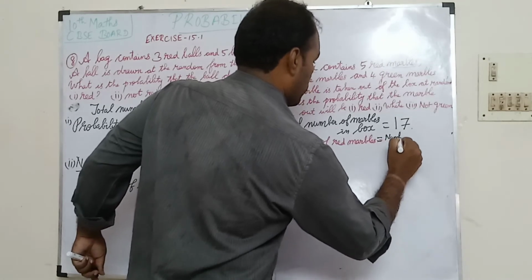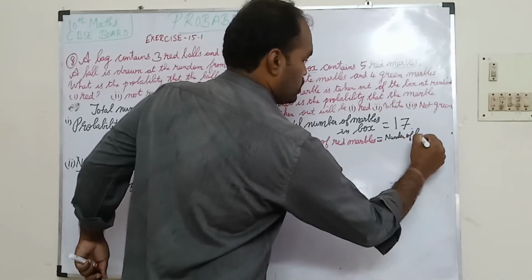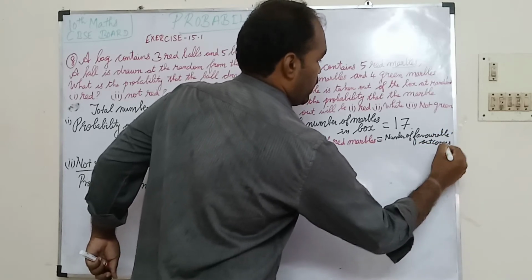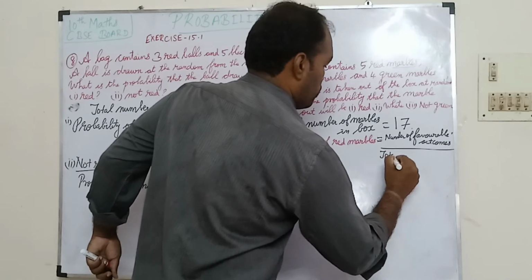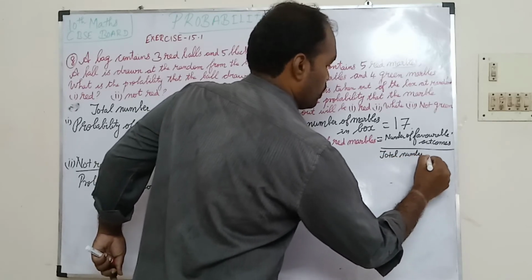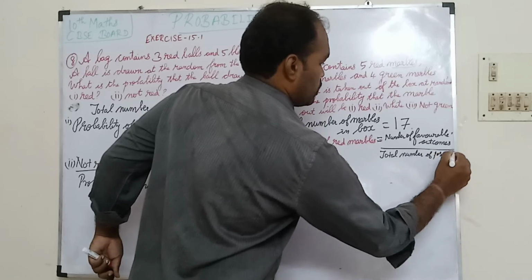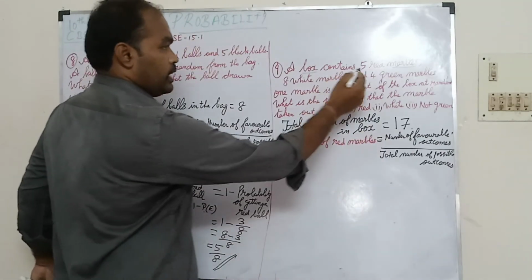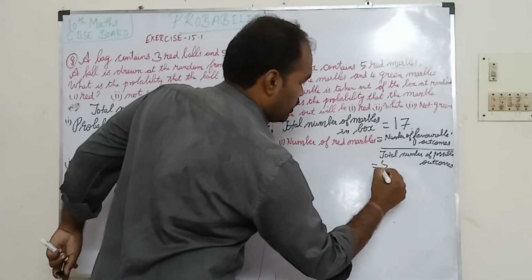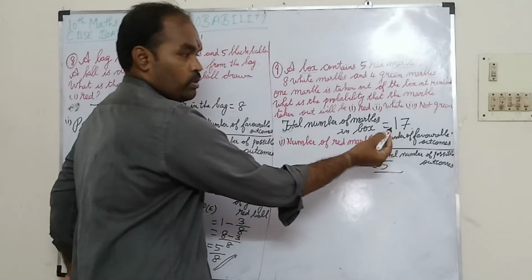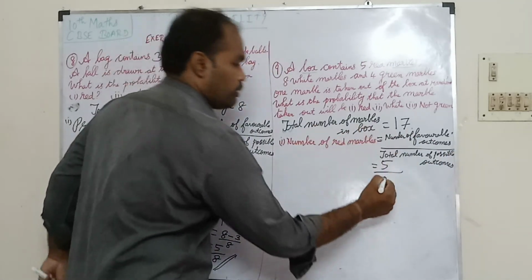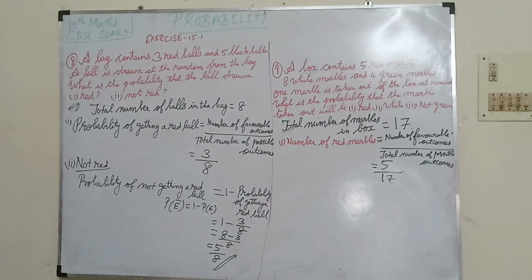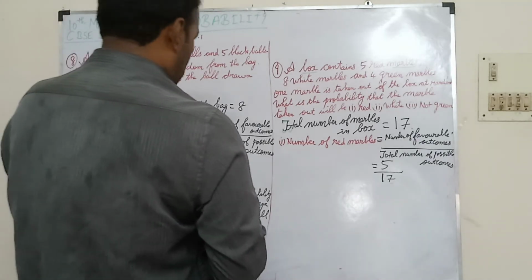Number of favorable outcomes by total number of possible outcomes. Number of favorable outcomes, that is for red marbles, how much? 5. Total number of possible outcomes is how much? That is the total number of marbles in the box, 17. So this is the answer for the red marbles.